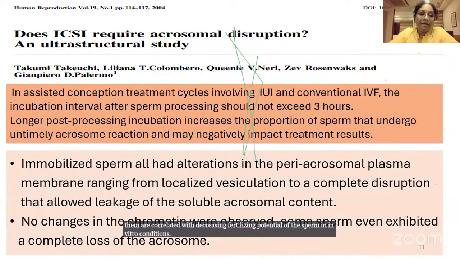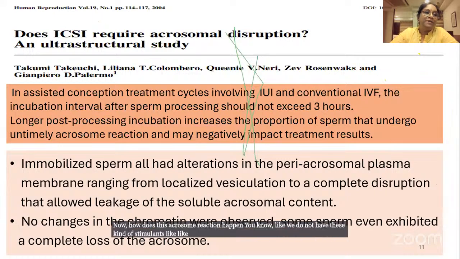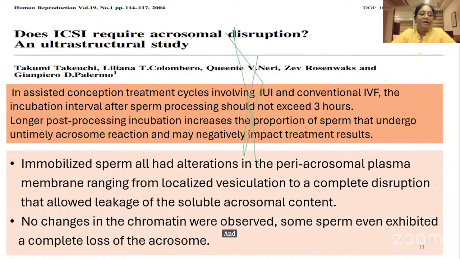Now, how does this acrosome reaction happen? In vitro conditions, we do not have the stimulants which are present in the uterotubal junction. And it has been found that when you immobilize the sperm, that induces acrosome reaction.